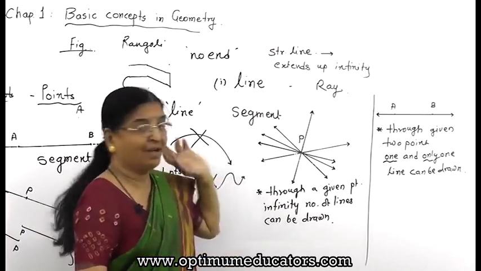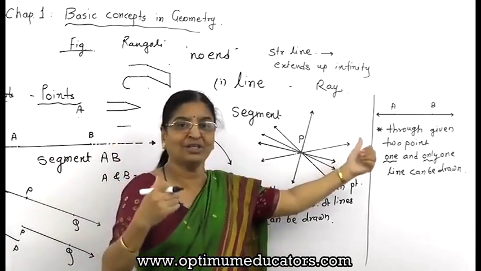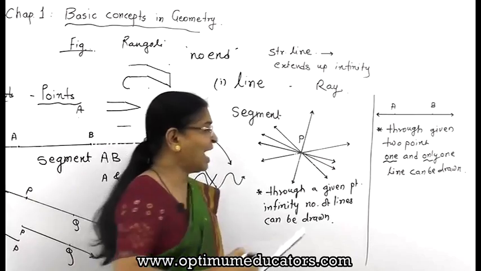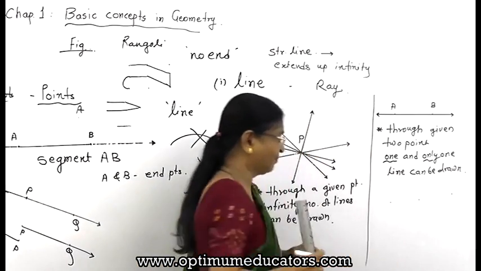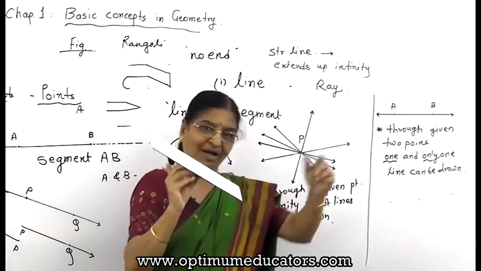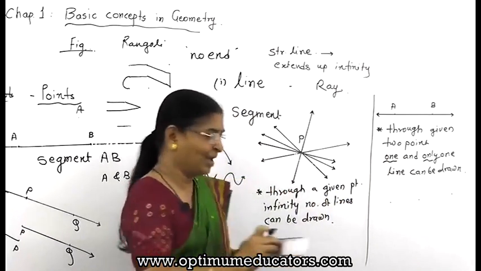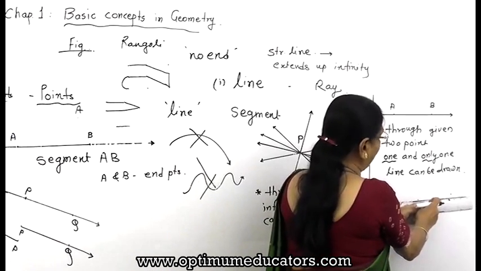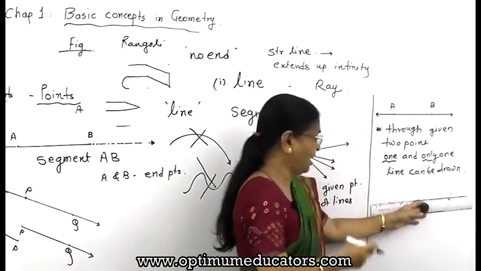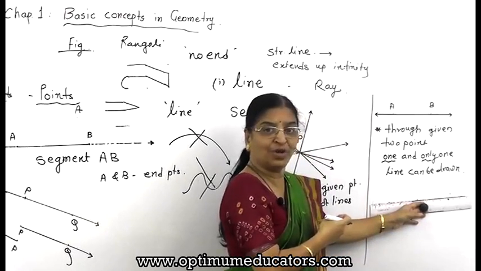But now if I want to join these dots, suppose I have given 3 points like this, and again a third boy came and says, see, I can join these 3 points. No, see, I tried these 2 points on a line.